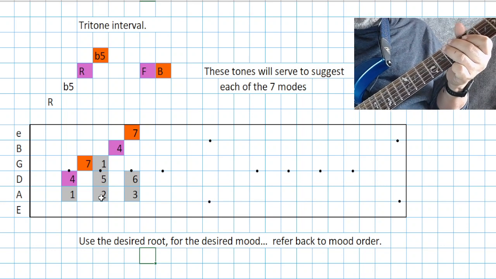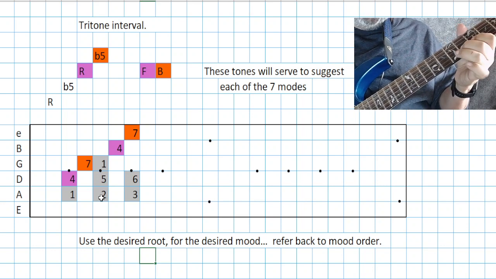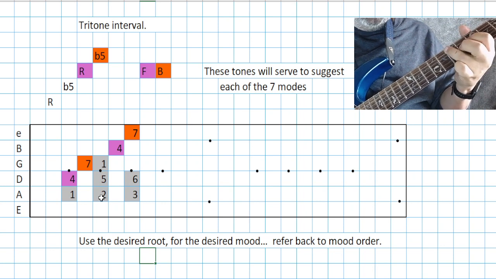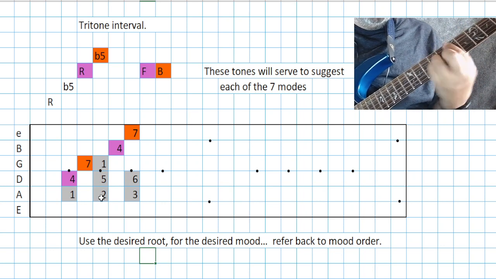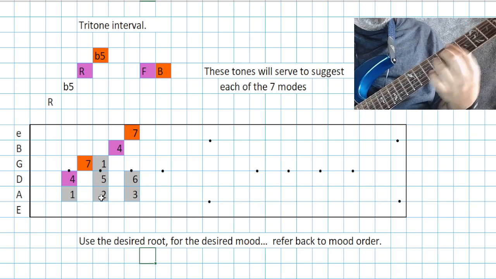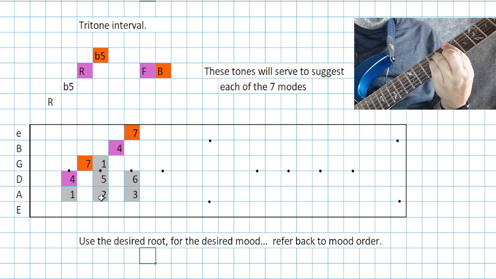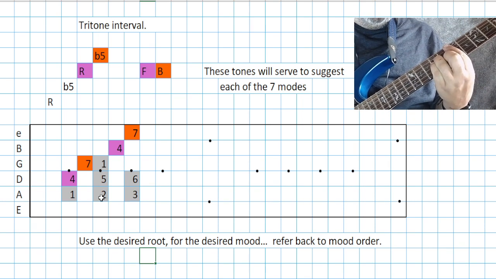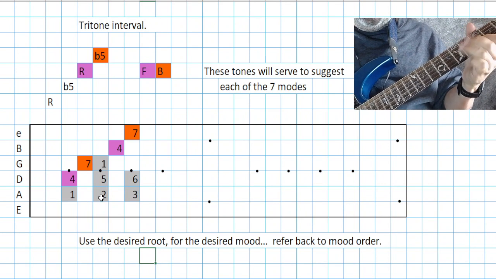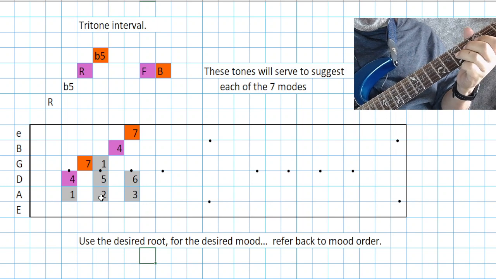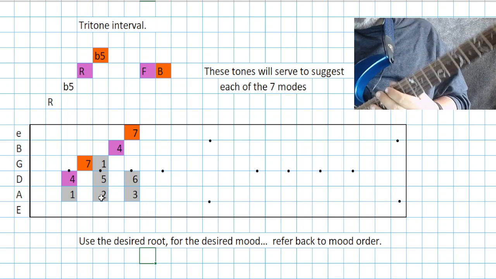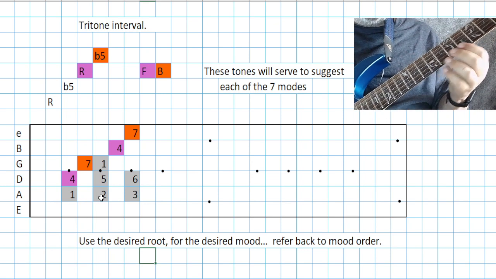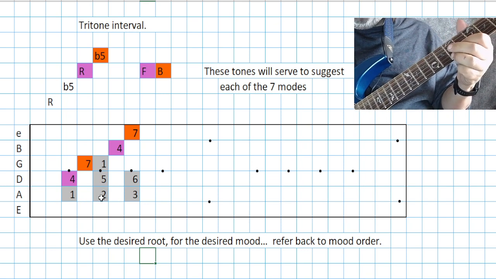If I was playing in Phrygian, I might be thinking of, under that particular chord, 7 sounded like an answer, and 4 sounded like a call.